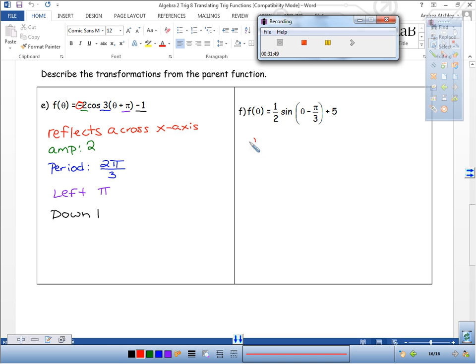Any questions over that? So here we have the amplitude at 1/2. Sophia B, what is your period? Since there's 1 there, it's just 2 pi.